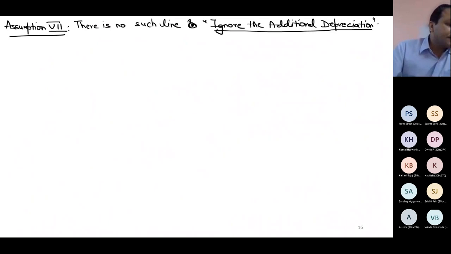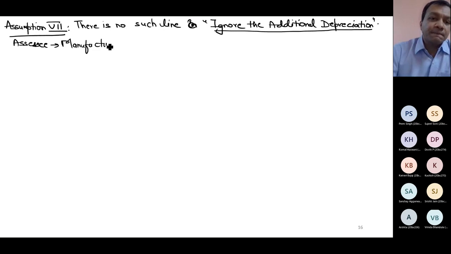Further, let us assume in the same assumption, the assessee is into the manufacturing sector. The assessee is doing the business of manufacturing. Further assume machines D and E are new.